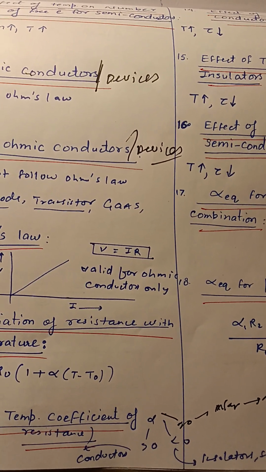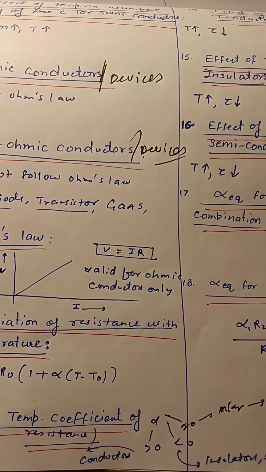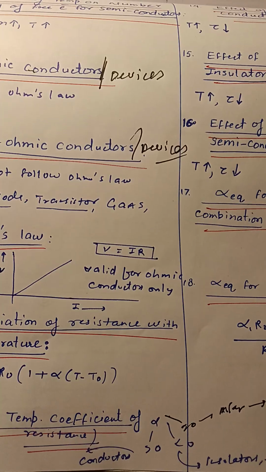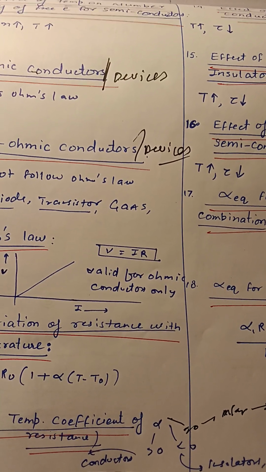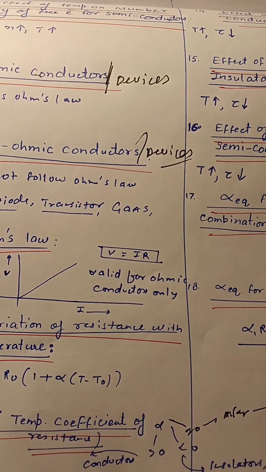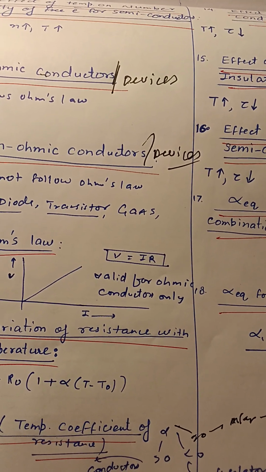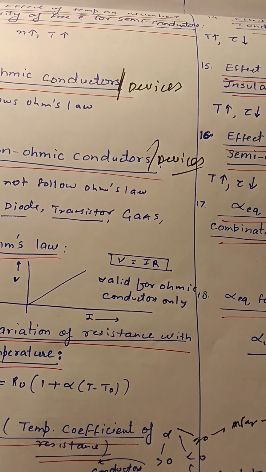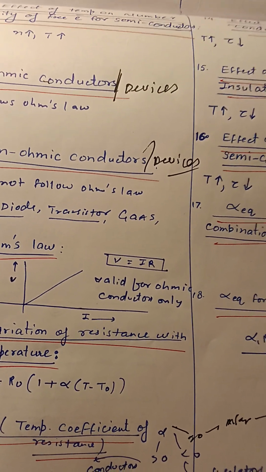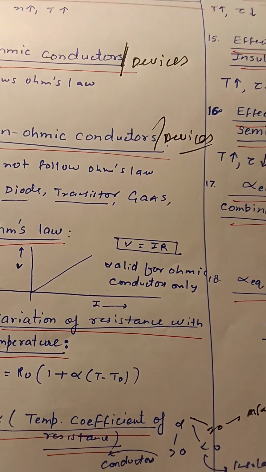If resistance increased with time, it would affect the current in the circuit, the power in the circuit, or the characteristics of the electrical circuit. So if we use constantan or nichrome wire, then resistance will be constant over a considerable range of temperature. That can give us the desired output in terms of power or current for a certain range of temperature. So that's why these wires are significant.